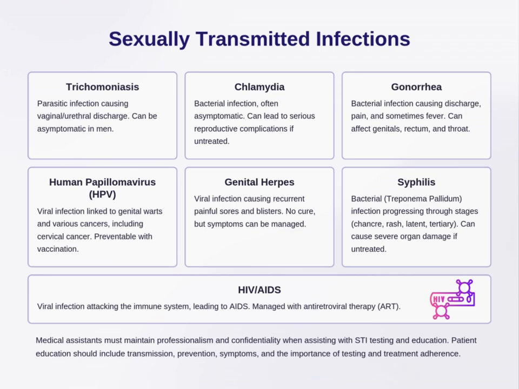Chlamydia and gonorrhea, they tend to go hand in hand. They are bacterial infections, so they are treated with antibiotics, often injectable antibiotics like Rocephin, given in the office. Some of these can be asymptomatic as well, but if they do have symptoms, it can be discharge, pain, things like that.